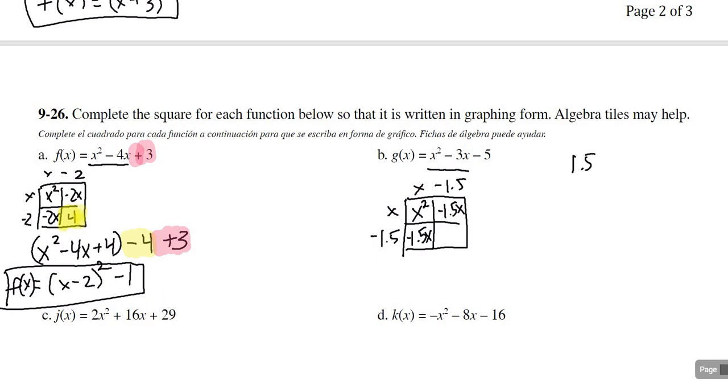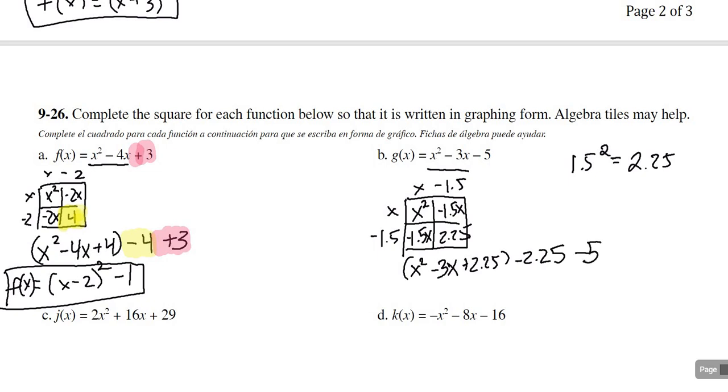So 1.5 squared, doing that in my calculator, gets me 2.25. So that means I have x squared minus 3x plus 2.25 minus 2.25.